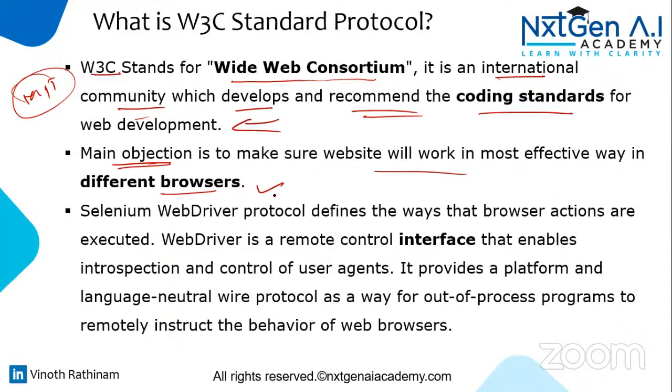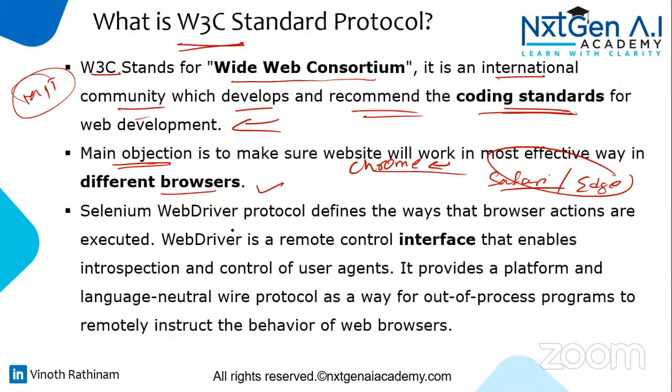If you are developing a web page, you would first have done development in Chrome. What if the user is using Safari or Edge? It should work there also, right? How is that possible? Only if we follow a proper coding standard, or else sometimes some of the functionality may not work. That's where the W3C standard protocol came.